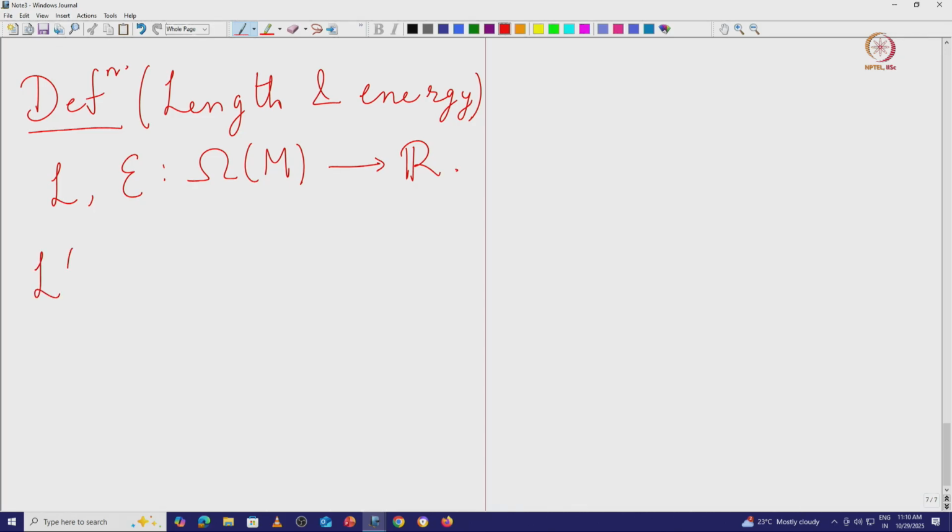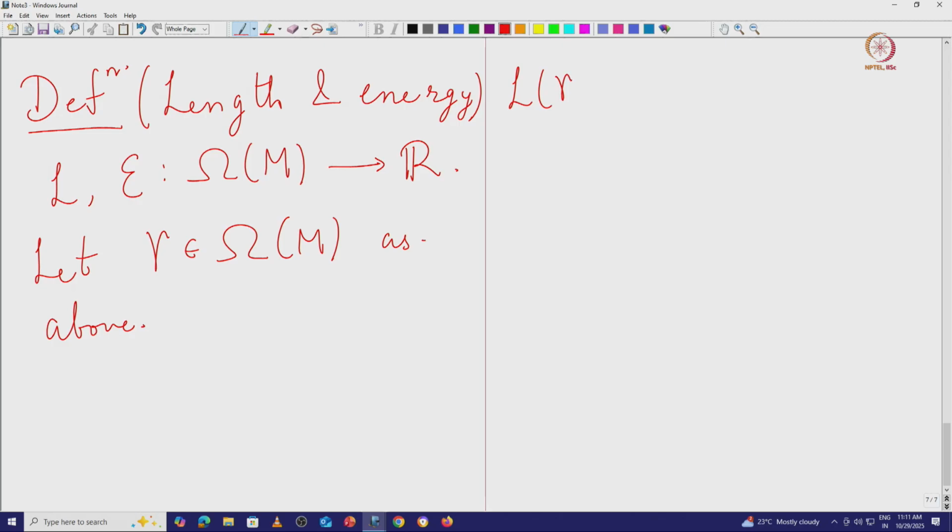So let gamma be as above, so that means we have this partition a naught, a1, etc., such that gamma restricted to these closed subintervals is smooth. Then you define the length of gamma to simply be the integral of the speed.